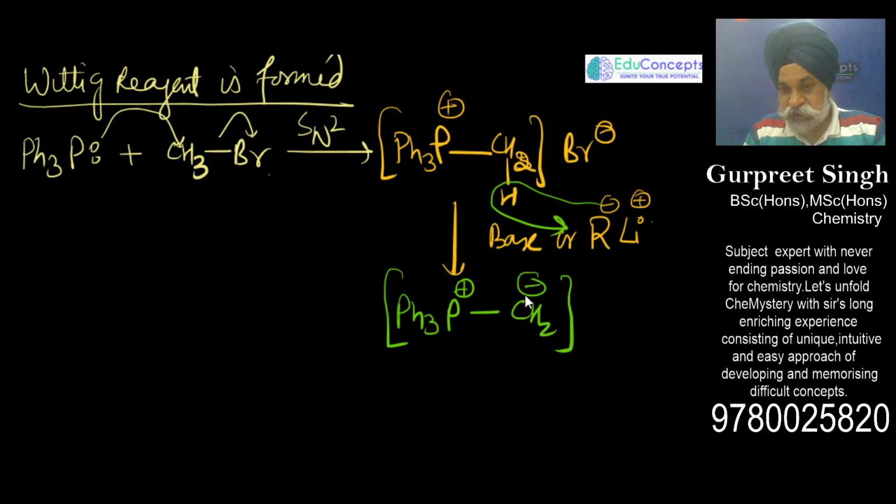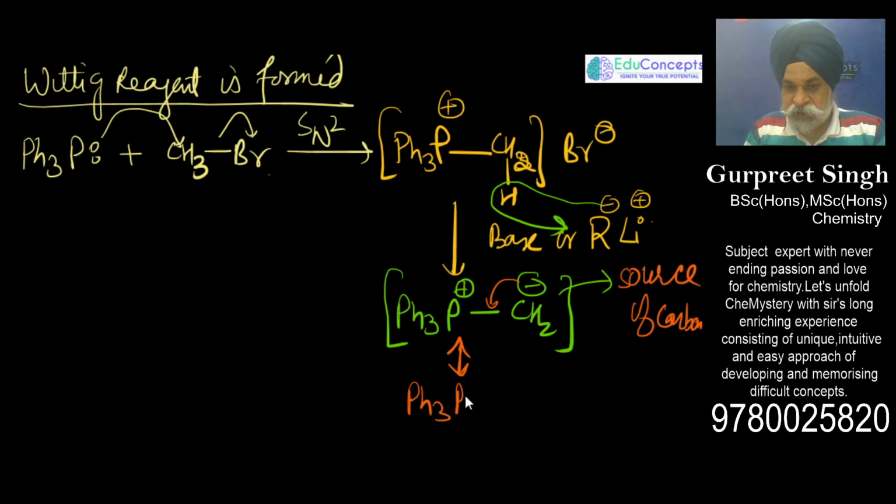Now this reagent is in a way a source of carbanion, just like Grignard, and it can also be resonance stabilized. This reagent which we have written is what you call the Wittig reagent.